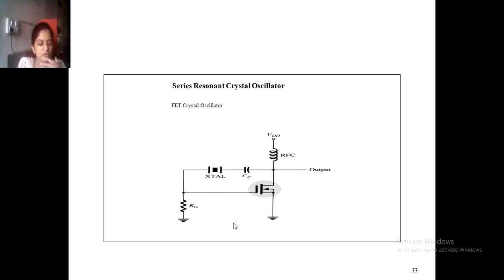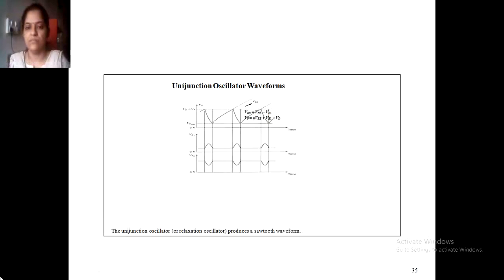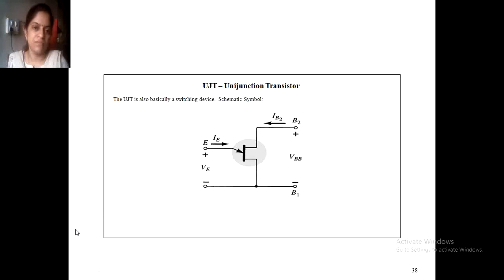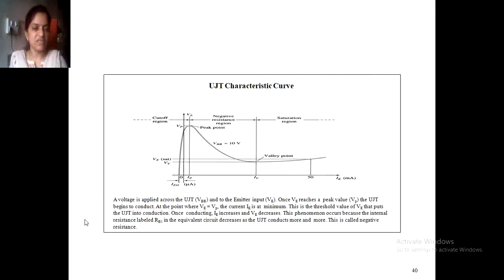After that, we saw the series resonance crystal oscillator, then unijunction oscillators, then the characteristics of the UJT, which has a cutoff region, a negative resistance region and a saturation region.